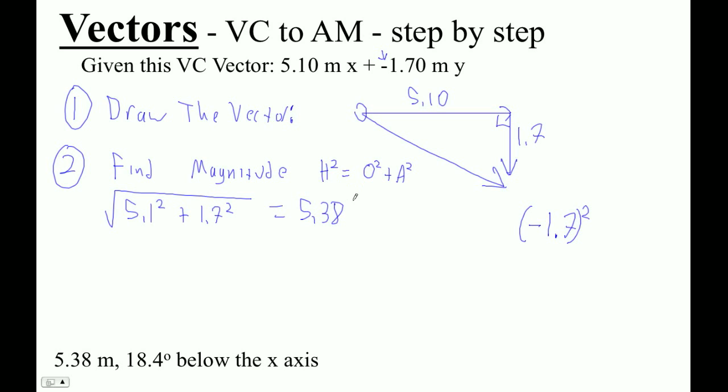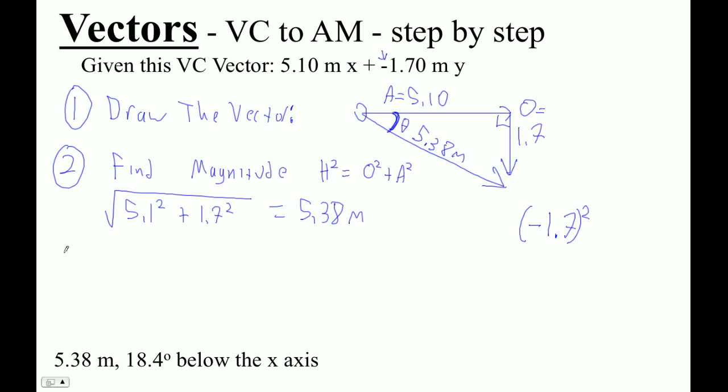So anyway, now we've got this. These are, by the way, meters. So our magnitude here is 5.38 meters. And now we just have to find an angle there. So that angle there, that theta, this is the adjacent side and this is the opposite side.